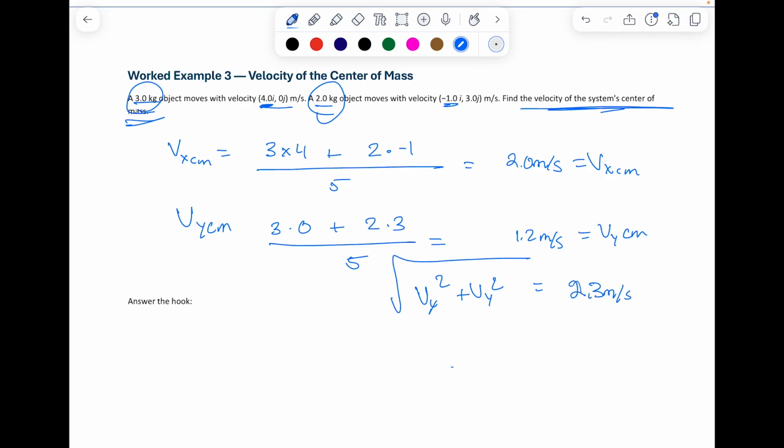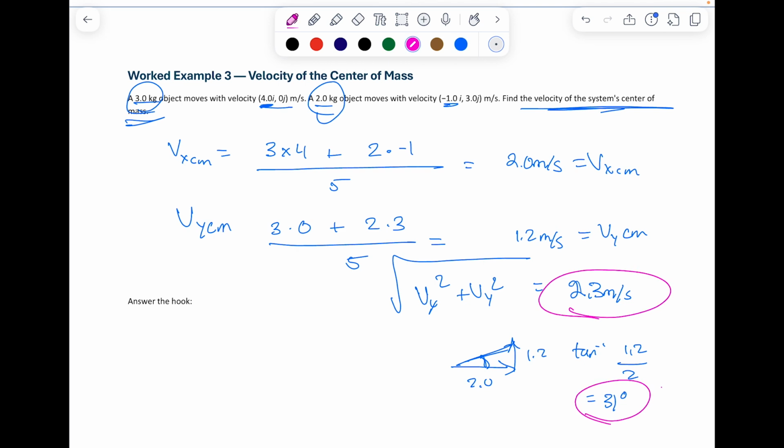And they're both positive, right? So it's positive 2 in x, and it goes up at 1.2. I can now figure out what this angle is. I'd say tan inverse of 1.2 over 2, and that comes out to 31 degrees. So your velocity would be 2.3 meters per second at 31 degrees, in this case above the horizon.